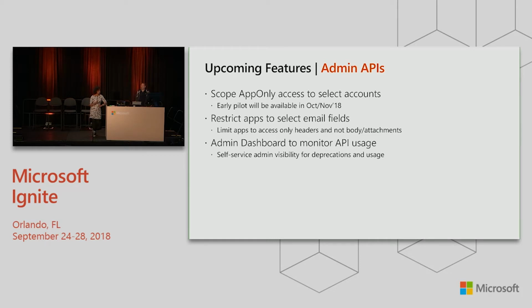So what we've done is we've added this functionality where app-only access can be scoped only to a set of user mailboxes, thus making it more secure and more manageable. So we're making a lot of investment in enabling admins to secure their organization as well as their user data better.